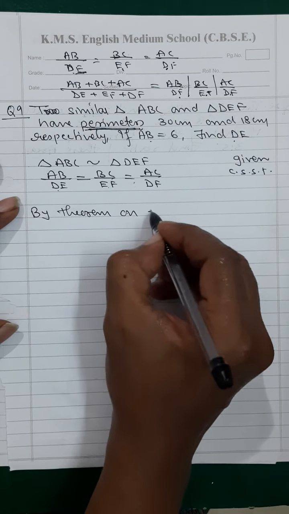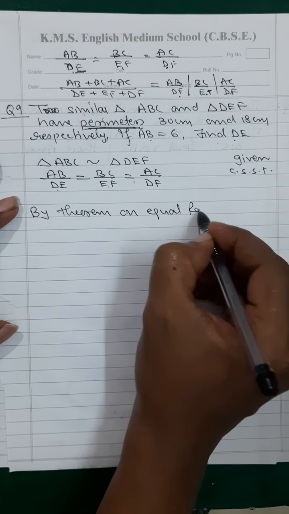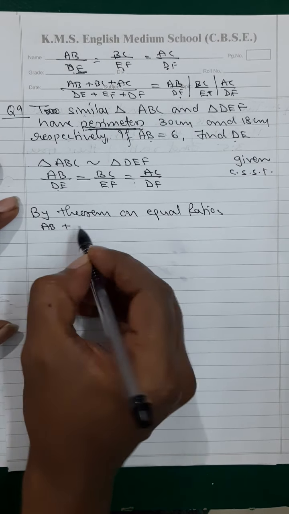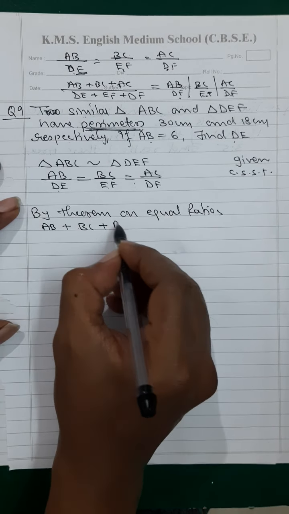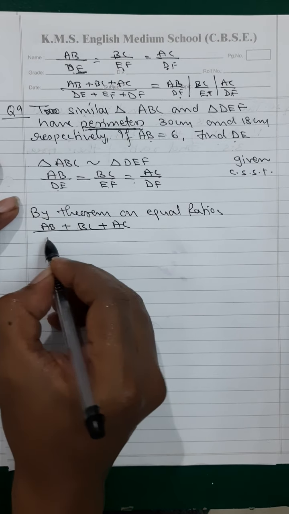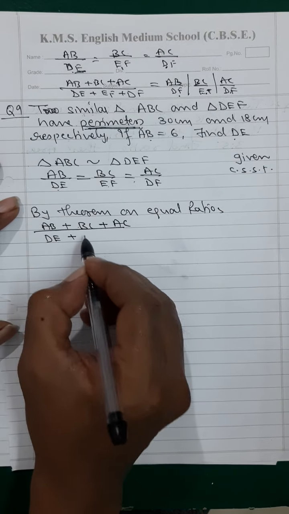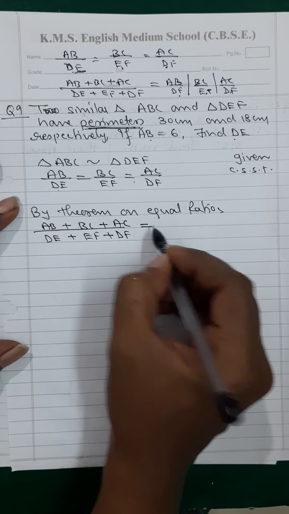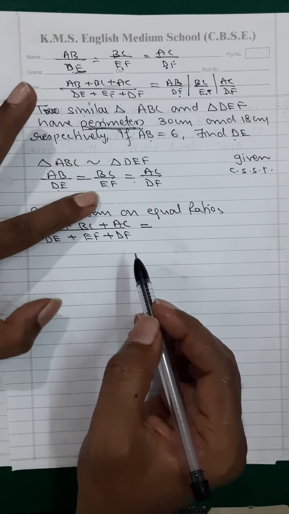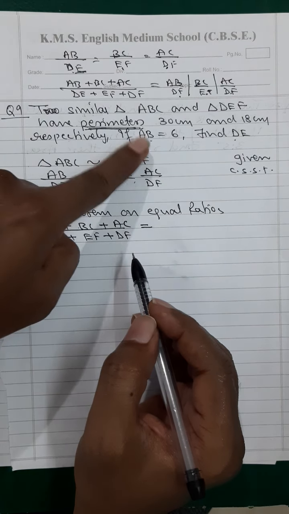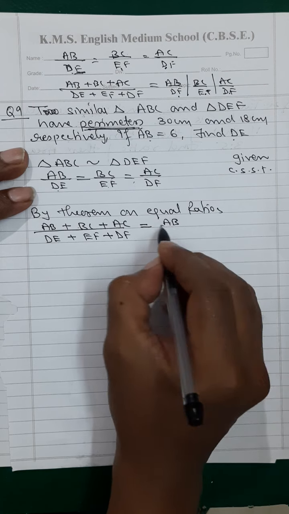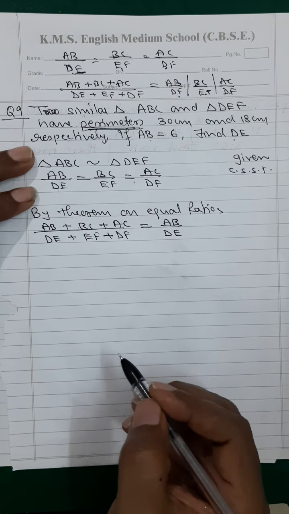theorem on equal ratios. What you have is, if I go on adding all this, AB plus BC plus AC upon DE plus EF plus DF, will still be equal to AB upon DE, BC upon EF, AC upon DF, but because I am interested in AB and DE, I will take it equal to AB upon DE.